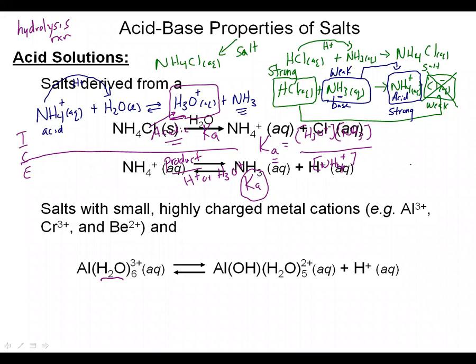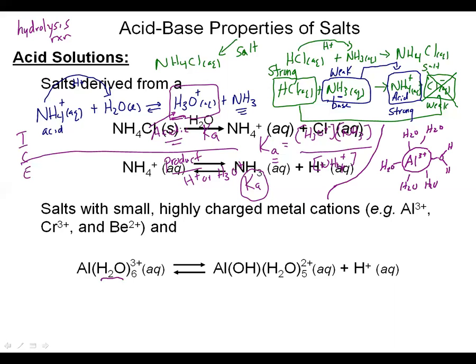So in this really bad drawing, we've got the aluminum in the center, and we essentially have 6 waters attached to it. And only for the last one here, I'm going to draw out the actual water.